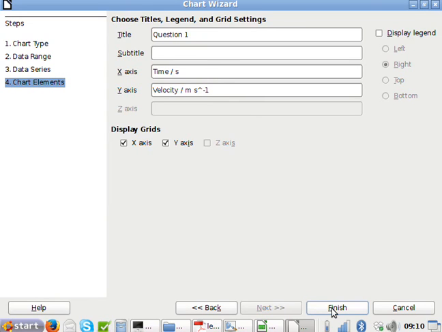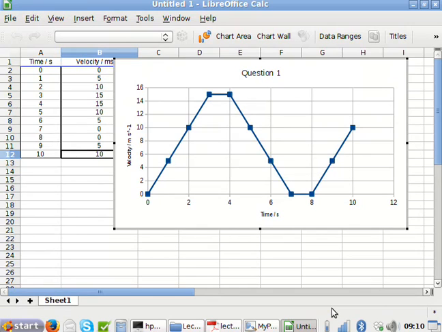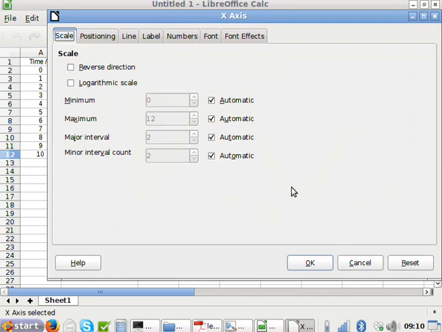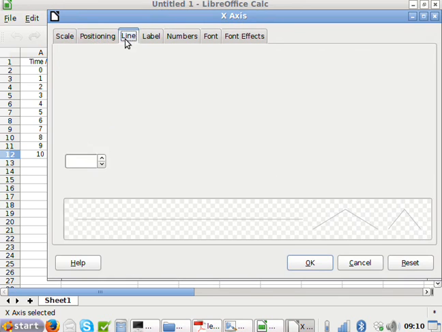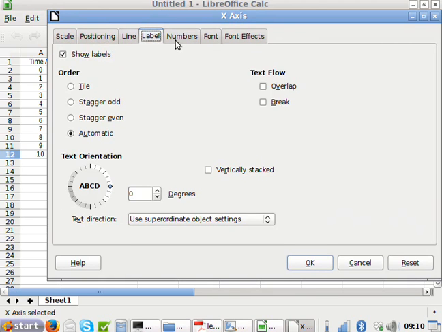Title, this is question 1. Time in seconds. Velocity in meters per second. Beautiful. That is a beautiful graph.